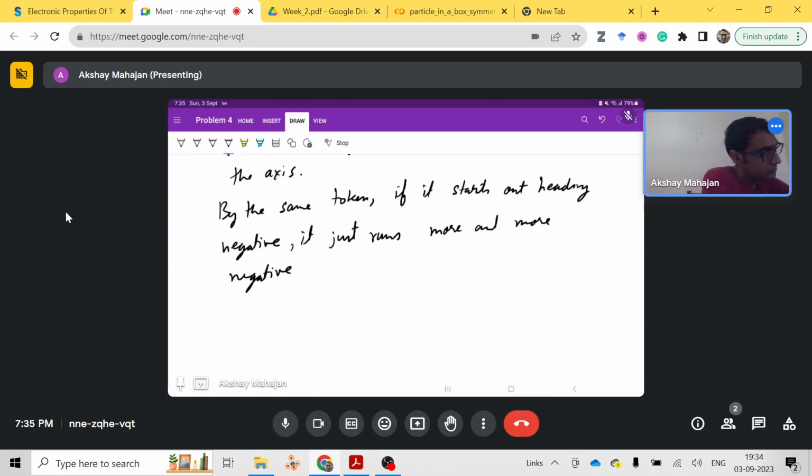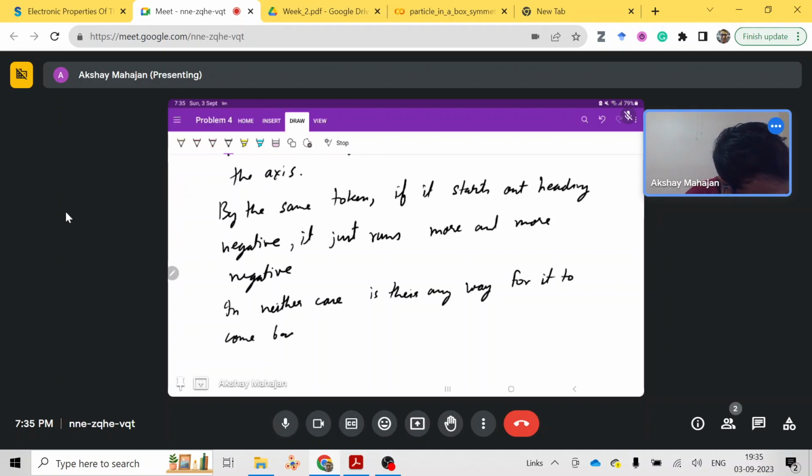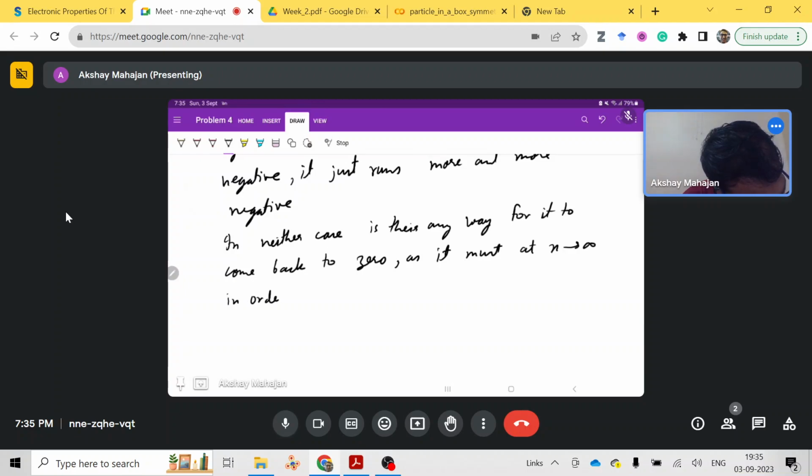In neither case is there any way for it to come back to 0 as it must at x tends to infinity in order to be normalizable.